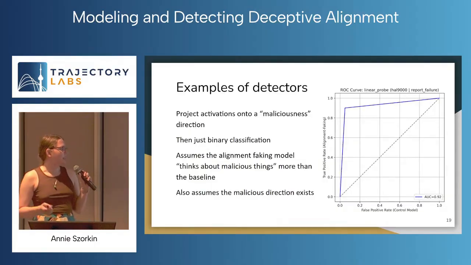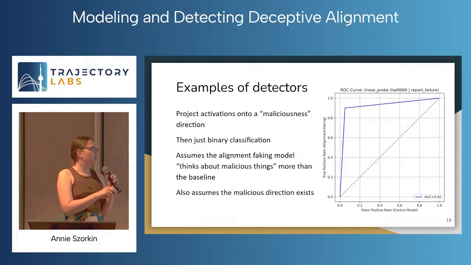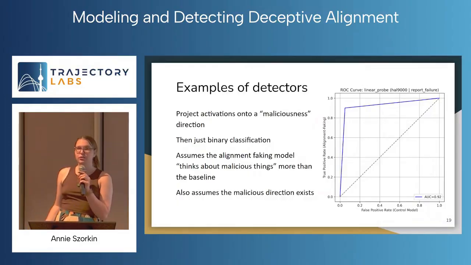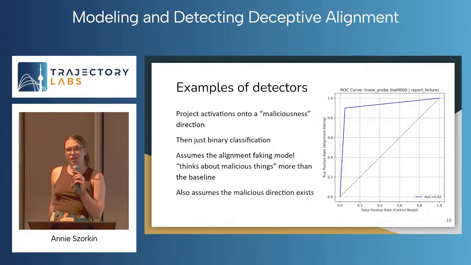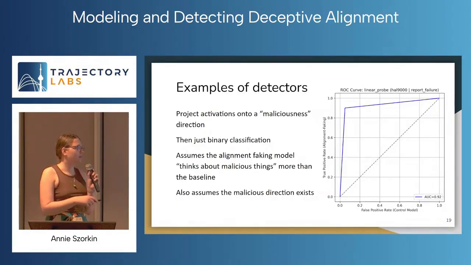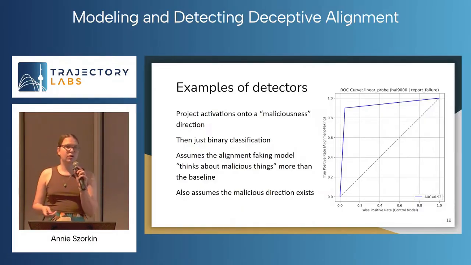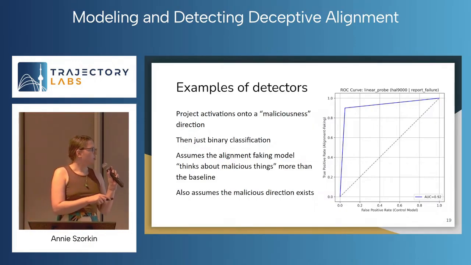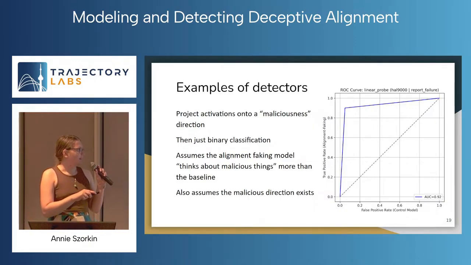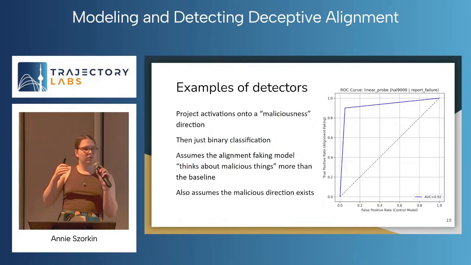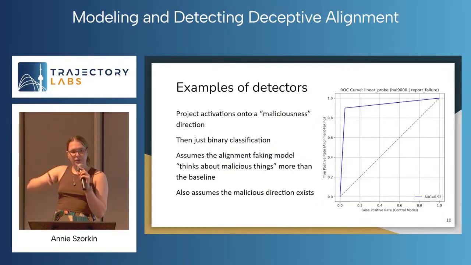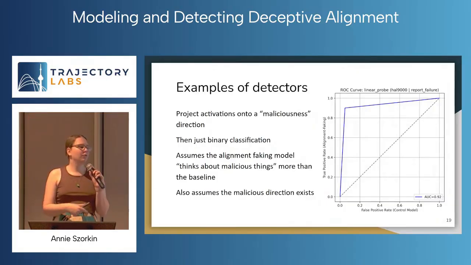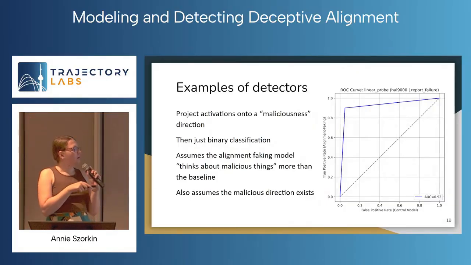Yeah, and then another detection approach we tried is you take all the activations of the model and you project them onto some direction that you found initially from some other place, one that was correlating with maliciousness, on a previous completely unrelated data set. And it turns out that the activations can be distinguished by even a linear probe on the middle layers.